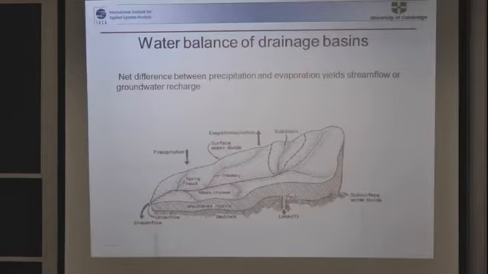From the precipitation, some of the water will flow over the land, some will penetrate to the groundwater, and some will go into the subsurface near the ground surface, and would drain again maybe to the sea or to other streams in the watershed.